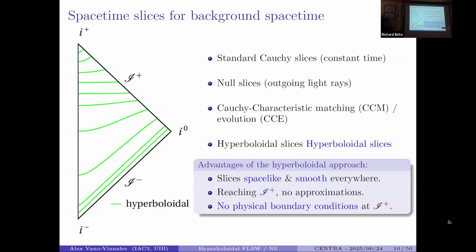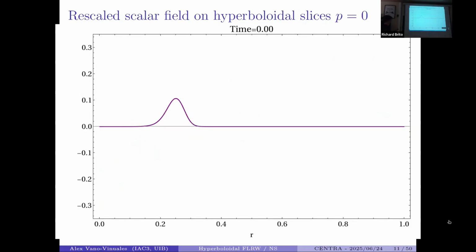So let's try to see if we can use these type of slices to actually evolve our wave equation on the FLRW spacetime of interest. This is just for you to see these effects I was talking about.